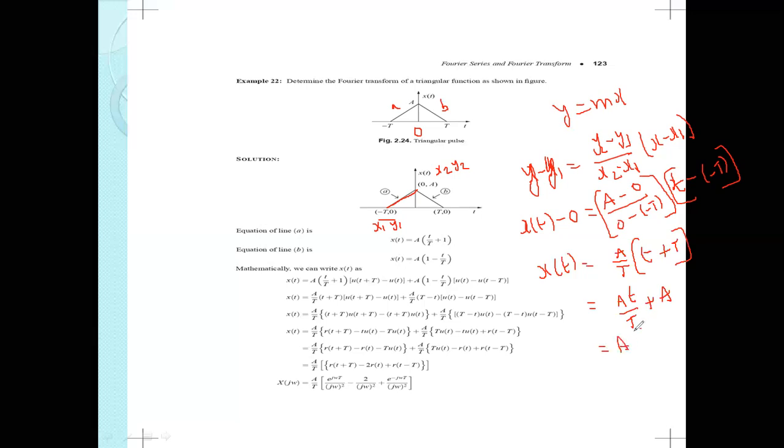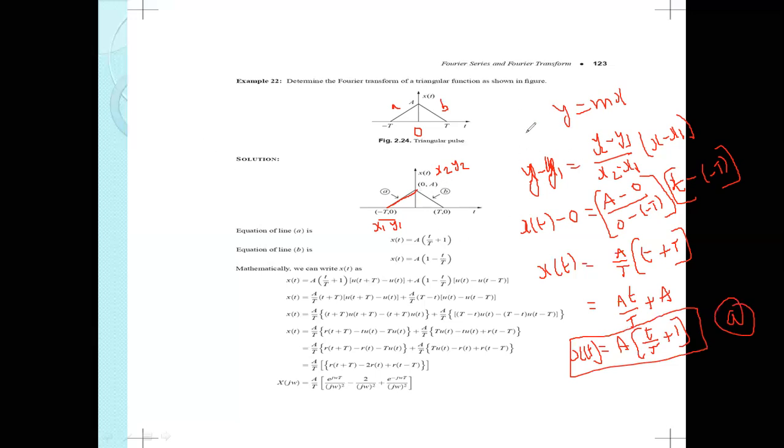And finally, again, you can take the common of a, t by capital T plus 1. Okay, this is x of t we got as slope a. Okay, my dear students, it is the slope a. So x of t is equal to a into t by T plus 1.